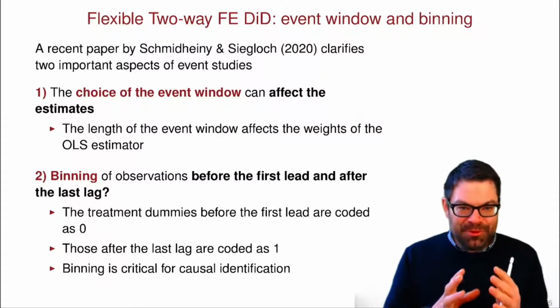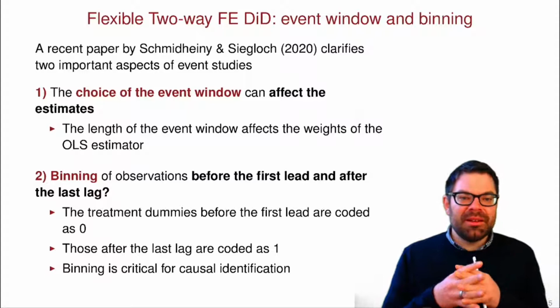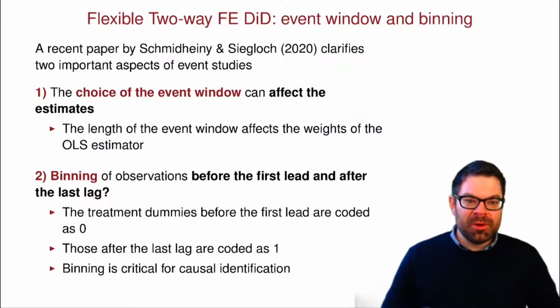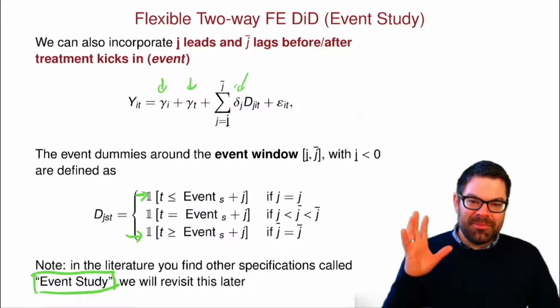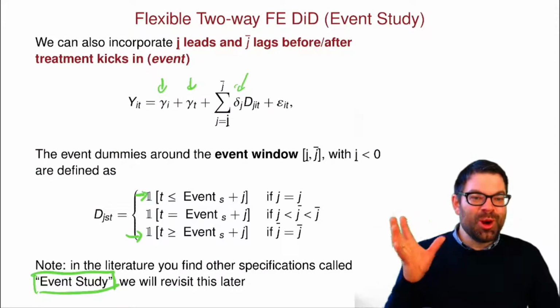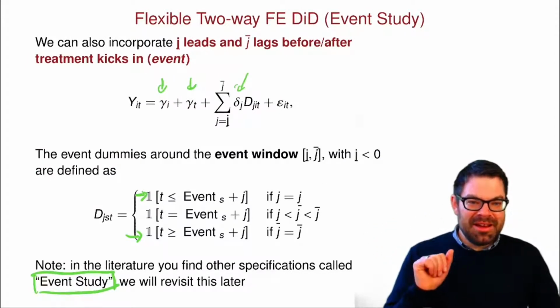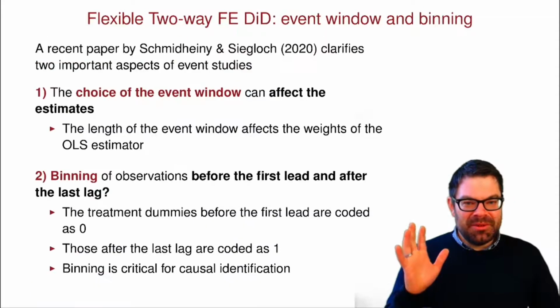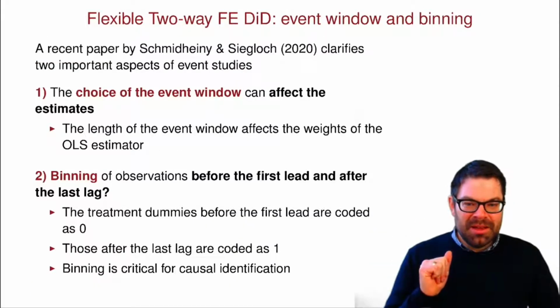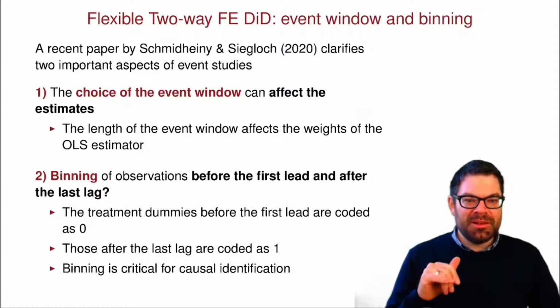But before we do that, let's just quickly look at the theory a little bit more. So this structure here of coding the data, coding up those dummies, may seem a little bit odd. And there is a recent paper by Schmidheiny and Siegloch that came out that clarifies a lot about event studies.